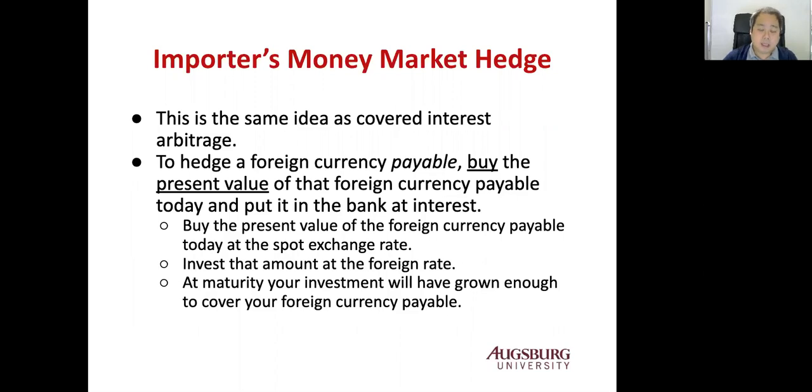You buy the present value of the foreign currency payable, because it will grow to the future value you need at the date you need it. So today you can buy at the spot exchange rate and invest the amount at the foreign rate, and at maturity your investment will grow enough to cover your foreign currency payable.